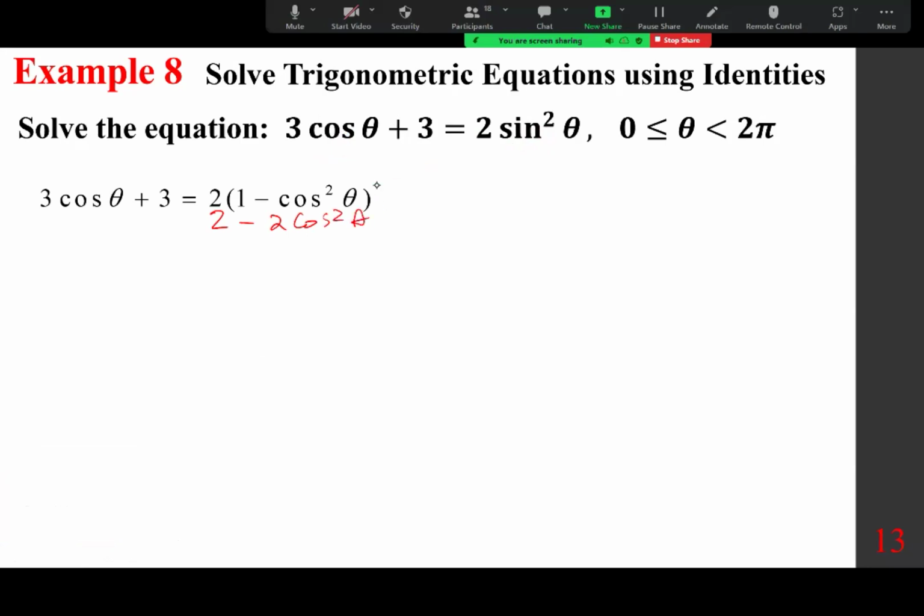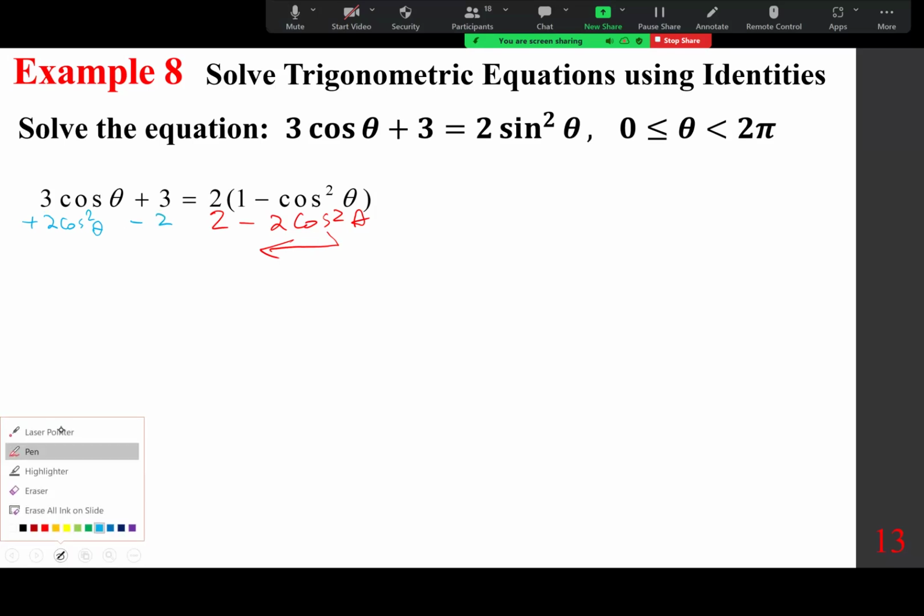And since we want to solve a quadratic equation, we move everything to the same side, namely the left side. So therefore we get plus 2 cosine squared theta minus 2. And so we put it in descending order.